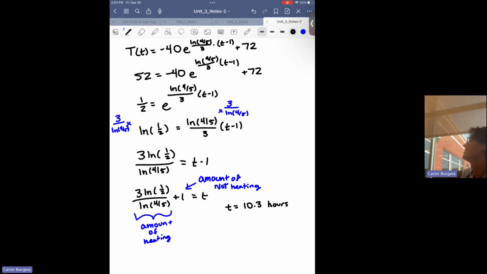All right, questions here with our bell work. So strategy was the same. Solve for R. Use that R to either find a time for a particular temperature or find a temperature for a particular time.